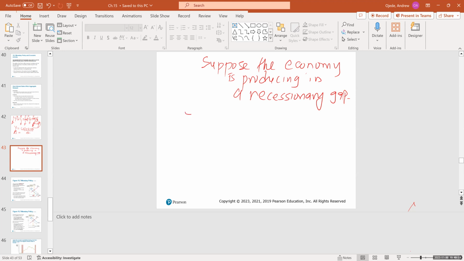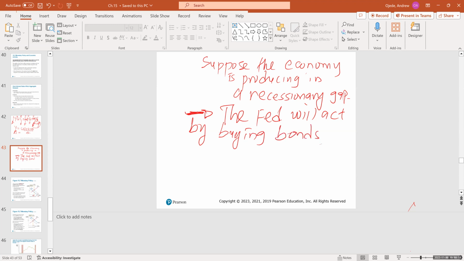The appropriate policy of the Fed is to act by buying bonds, an open market bond purchase from banks. Or they could also lower the discount rate, which is the interest rate, making it easier for banks to access discount loans from the Fed, because that's how the money supply goes up.